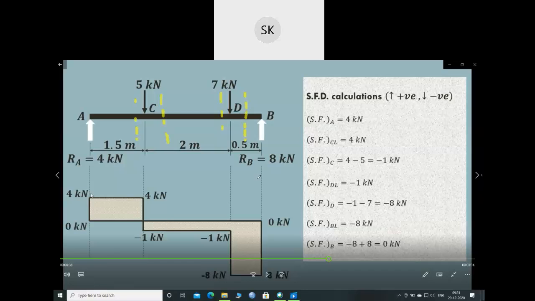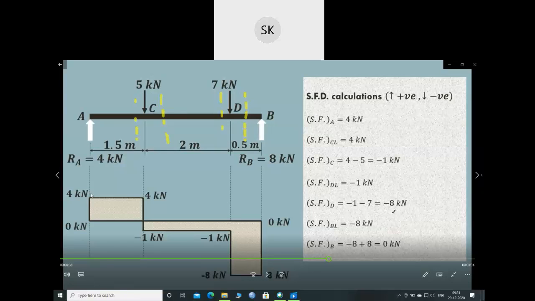Now when you consider this load, there will be three loads: 1, 2, and 3. So upward 4 minus 5 minus 7, you will get minus 8.